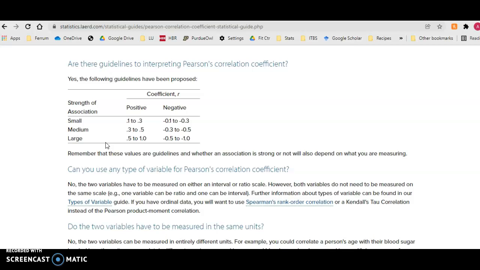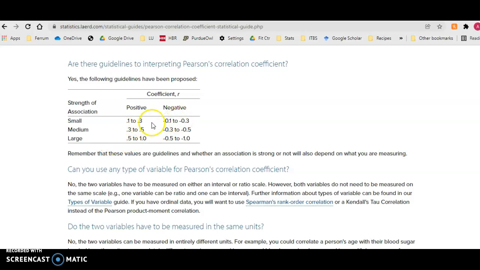Your positive relationships simply mean as numbers on one variable go up, so do they also on the second variable. Negative relationship means as numbers on one variable go down, numbers on your second variable move in the opposite direction, they're going to go up.